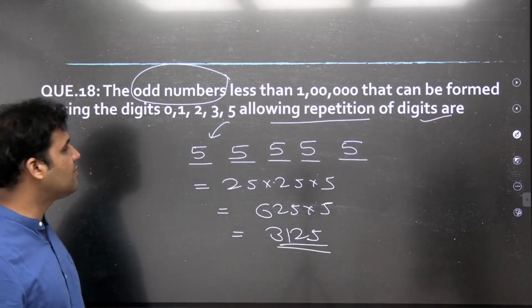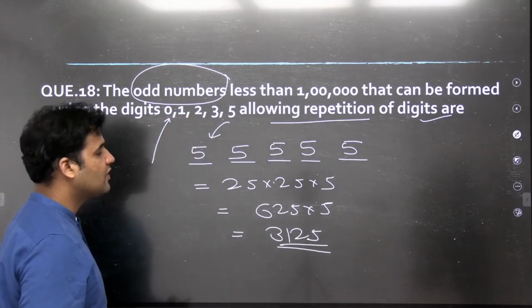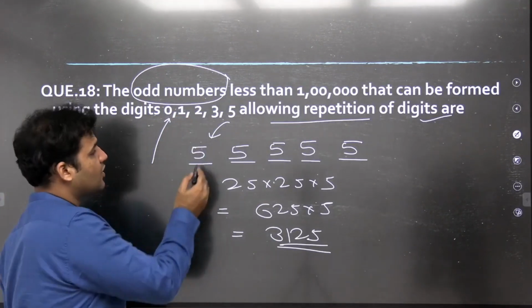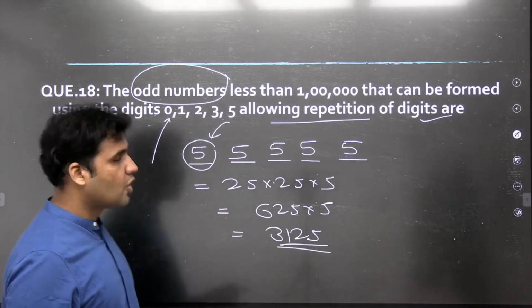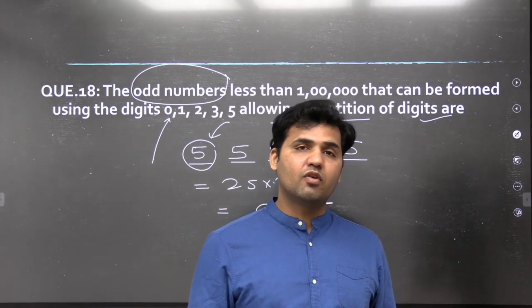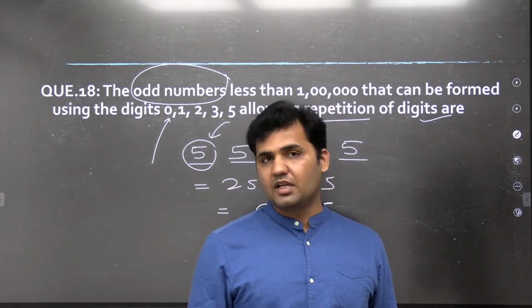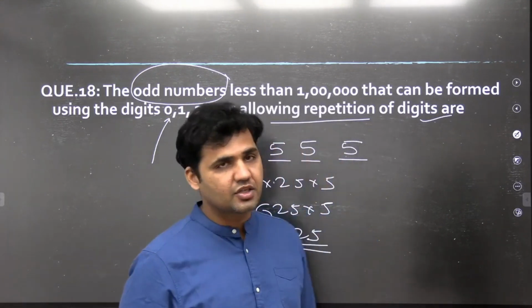Now some of you might be thinking, because I also have 0 as one of the digits, that 0 cannot be used over here. No, 0 can be used over here, because nowhere is it mentioned that the number has to be a 5 digit number. The number can be 4 digits also, 3 digits also, 2 digits also, a number can be 1 digit also.